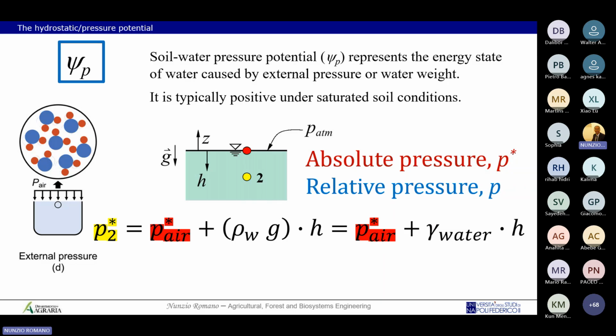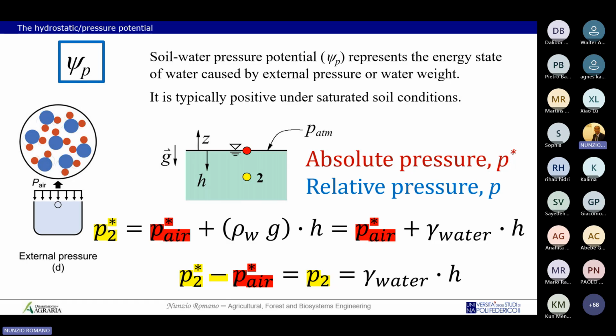But you can express the pressure in the yellow dot even in terms of relative pressure. Why? In most of our practical applications, we prefer to refer to the relative pressure, because all of us are embedded in the atmosphere. We all have the atmospheric pressure over our head.